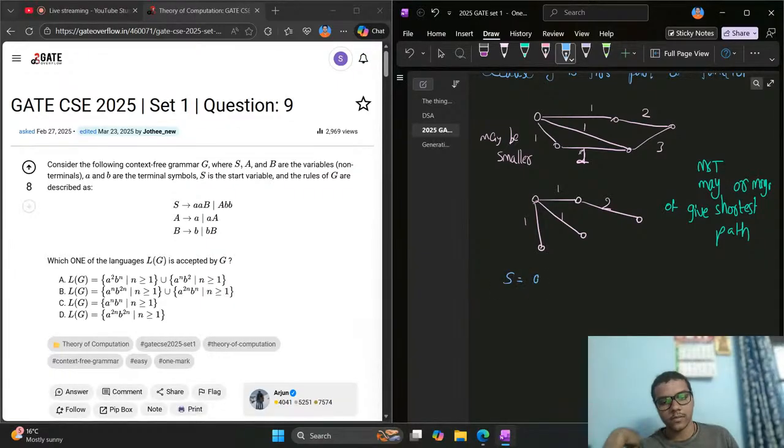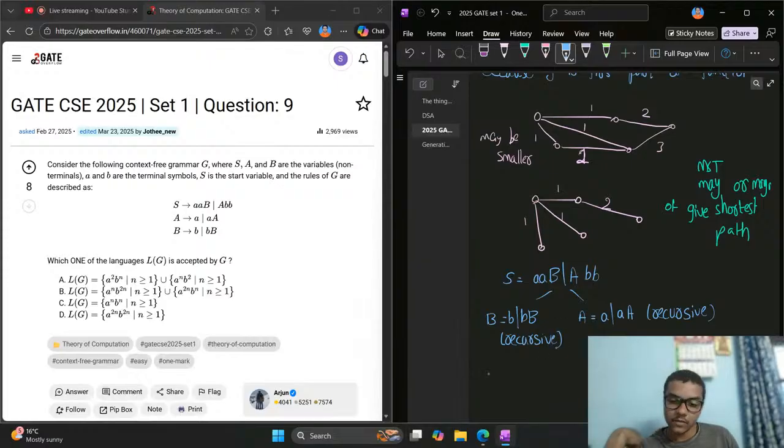So S is equal to AB or ABB. Then again, A and B are defined here. A is equal to a or AA. That's a recursive definition. And again, B is equal to b or BB. Again, that's a recursive definition. If you do this, B is equal to b power n for all n greater than or equal to 1.